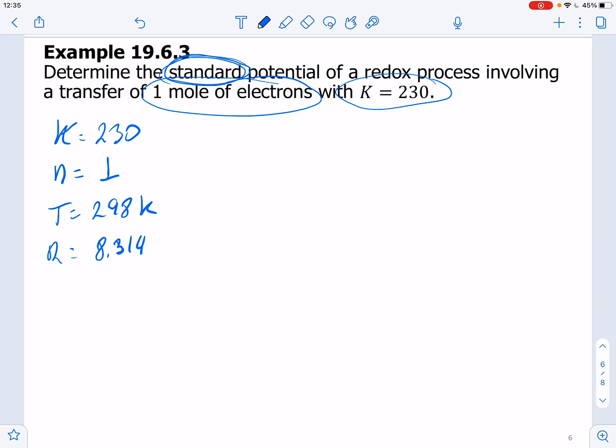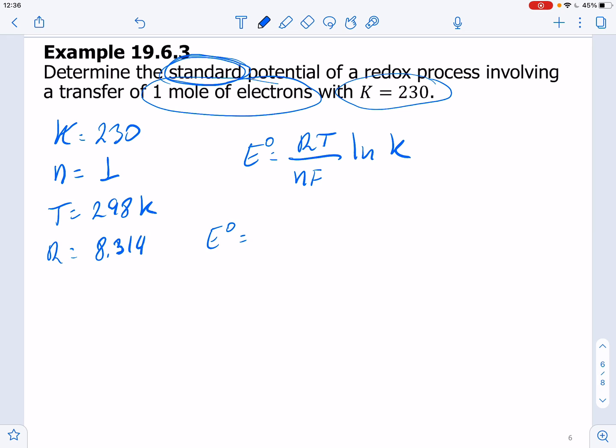So the equation that we want to use to calculate the standard potential is equal to RT divided by NF logarithm of K. And this is the standard potential.